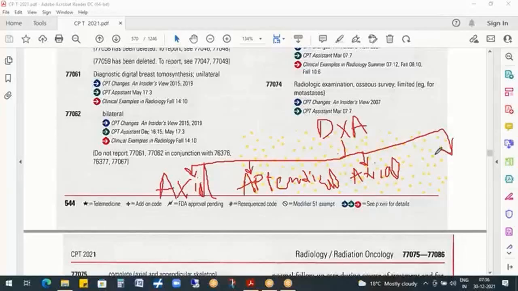It is used to study bone strength and mineral density.